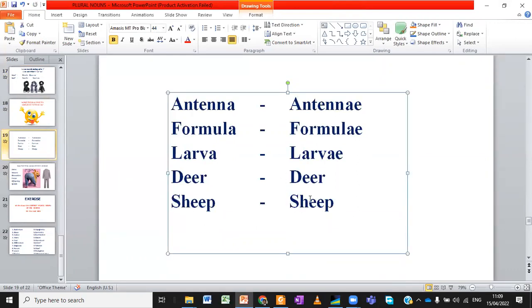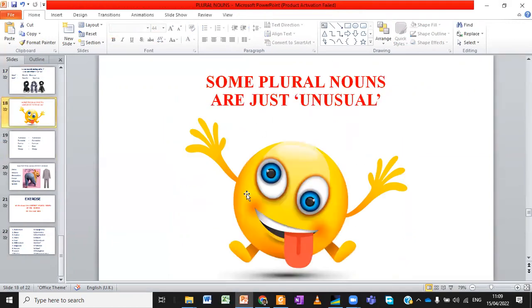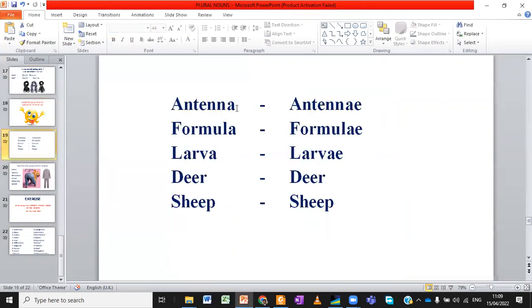Can you hear me now? Yeah. I said these are unusual plural nouns. Antenna, antennae. Formula, formulae. Deer, deer. Lava, lavae. Okay, so all these are the plurals. These are the singular, I think.